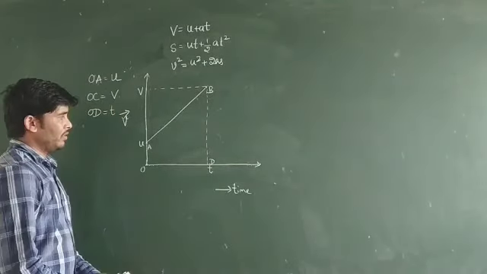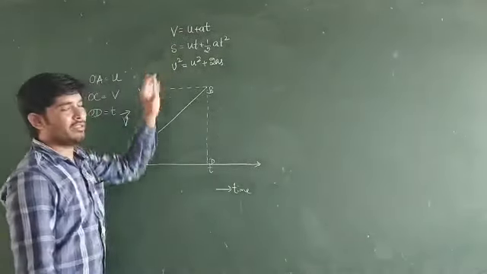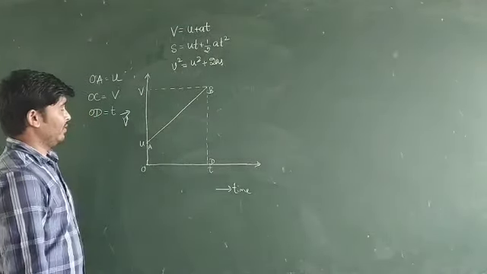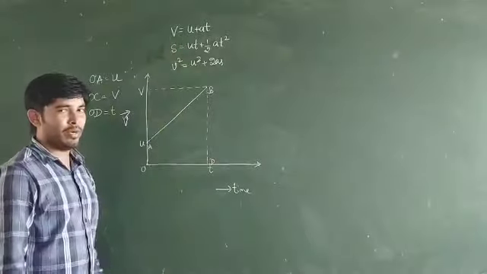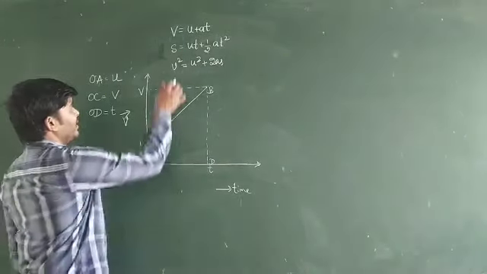From this velocity time graph, we are going to derive the three equations of motion. Which is the first one? v equals u plus at. Let's derive that.